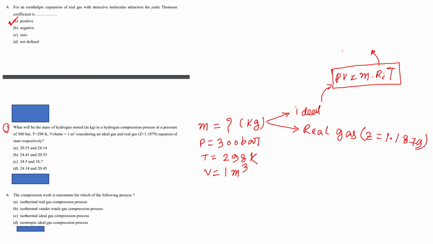8.314. No, that's why it is the specific gas constant. Okay, 8.314 is the universal gas constant.